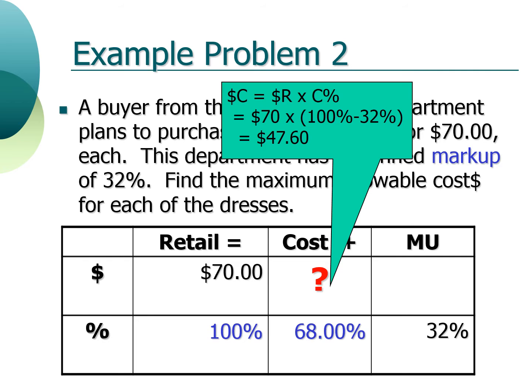This is the maximum cost that we can pay to be able to make a 32% markup by selling this item for $70 at retail. So you can pay all the way up to $47.6 to buy this dress, and if you can sell it for $70 in your store, then you will meet that 32% markup goal.